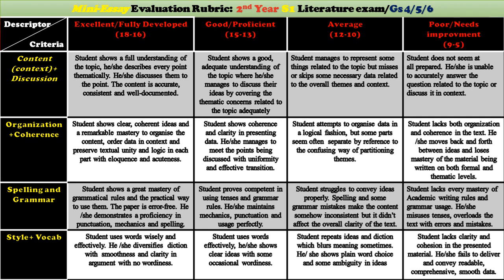The student manages to connect the points being discussed with uniformity and effective transition, whereas the poor composition, which needs improvement, would certainly lack organization and coherence in the text, because the student will move back and forth between ideas. This impedes the mastery of the material being discussed on both the formal and the thematic levels.